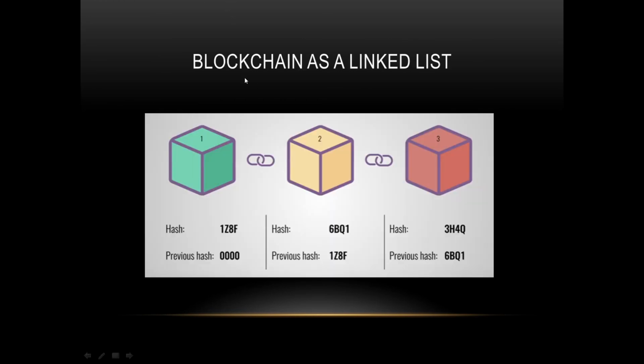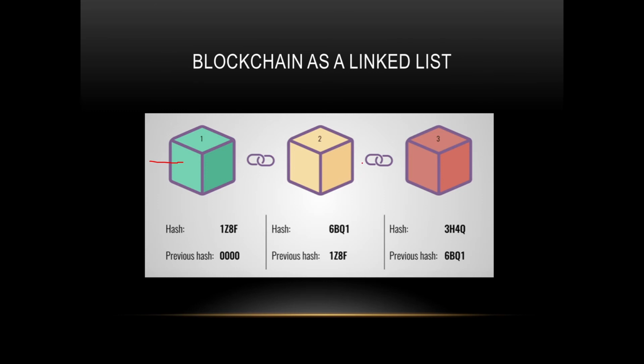So now, blockchain as a linked list. Now you can again see the same nodes or blocks. Now the hashes can be considered as the addresses. So this is the hash of the first block, this is the hash of the second block, this is the hash of the third block, or the addresses. Every block contains the hash of the previous block to which it is connected.